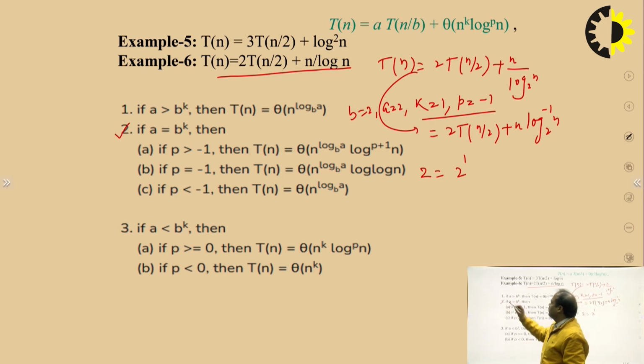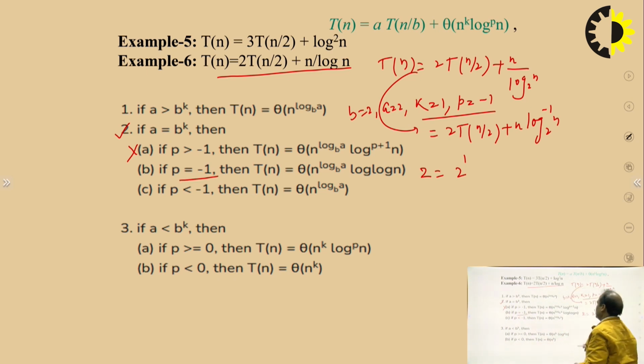Case 2 is applicable. We are going in case 2. Now, p greater than minus 1, no, this case is not applicable. p equal to minus 1, yes. So the solution is given by T(n) is theta n to the power log a base b, which is 1, into log of n, right?